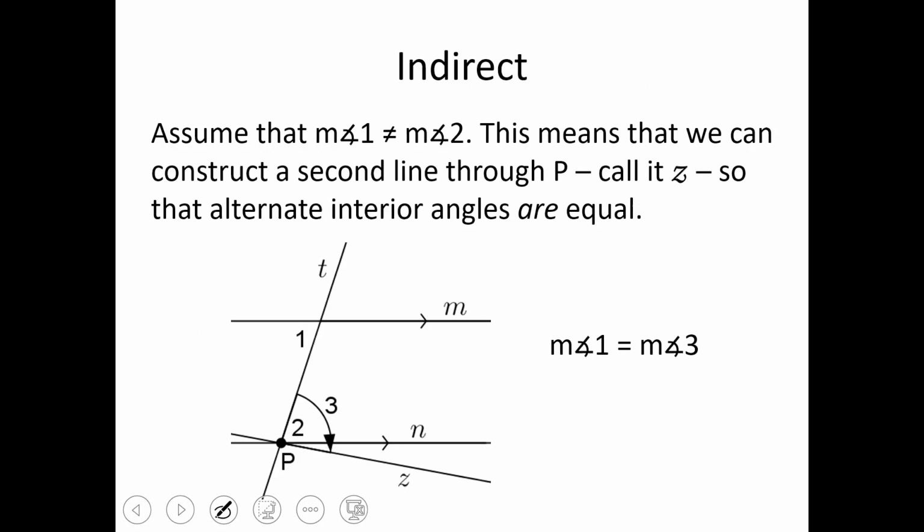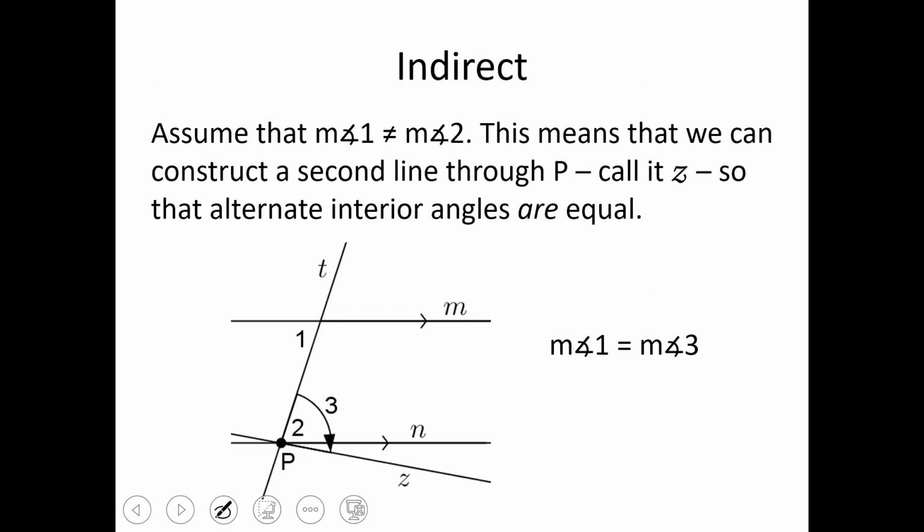As for how we prove this, perhaps it'll come as no surprise that we do this indirectly. Let us assume that the measure of angle 1 is not equal to the measure of angle 2, and then attempt to derive a contradiction from this. Now, if the measure of 1 is not equal to the measure of 2, then by the protractor postulate we may construct through P an angle that is equal to 1.